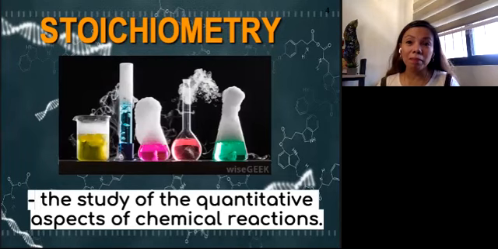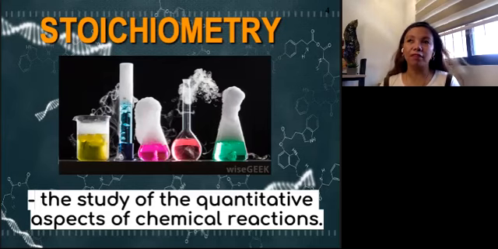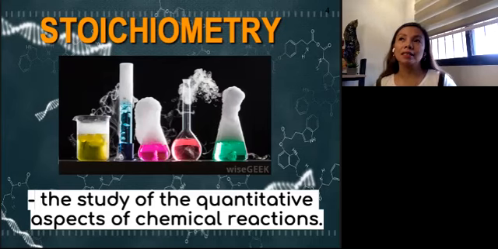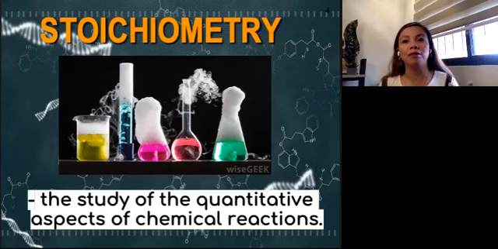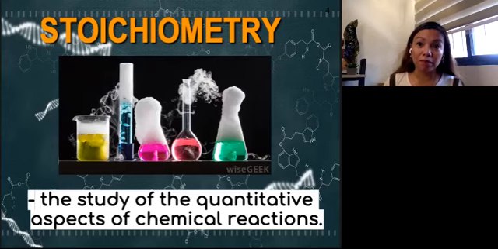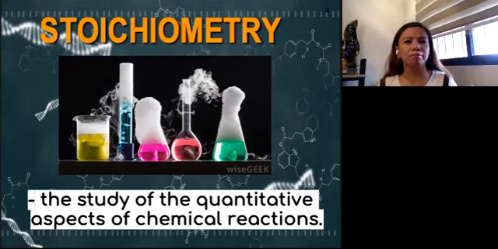it is very important to know the quantitative aspects of a chemical substance, okay, so that you will know how reactive it will be, or in addition, other properties also that will speak about the substance.